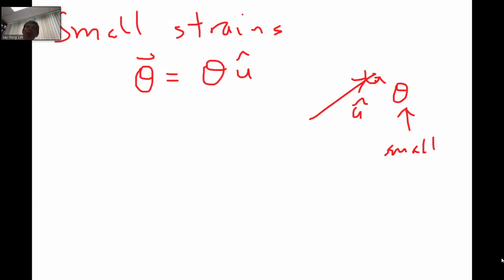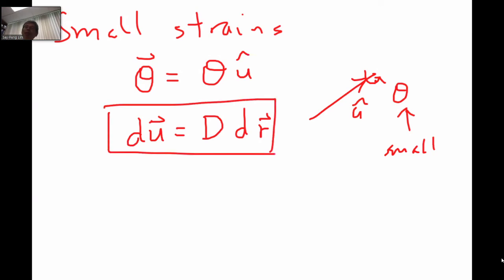So in order to do that, basically, I've got to figure out what du is, because this is going to be equal to this matrix of partial derivatives times dr. So if I can figure out, for a given distortion, rotation in this case, what the changes du are, then I can figure it out.